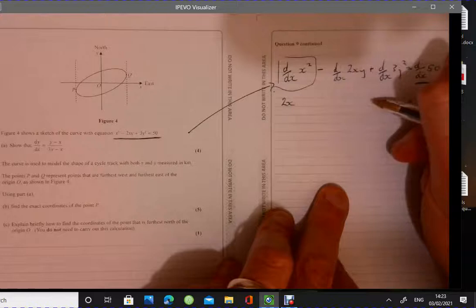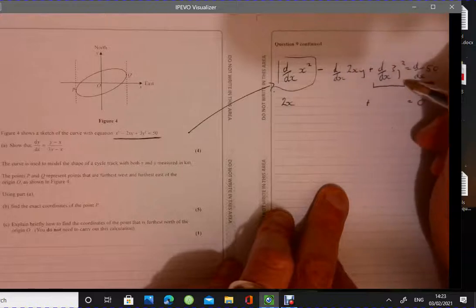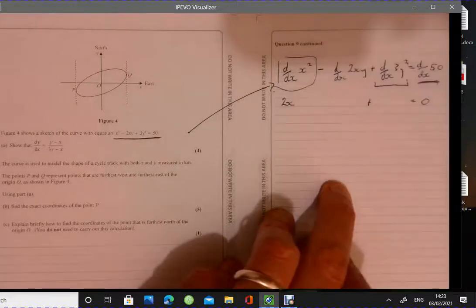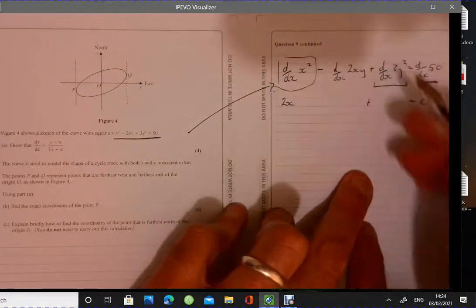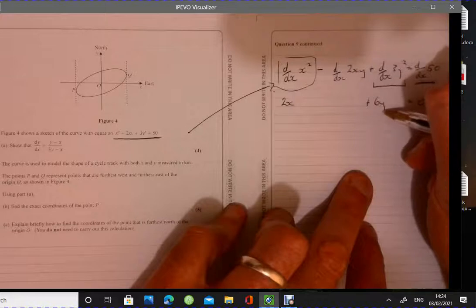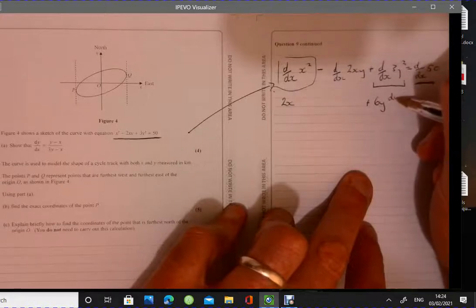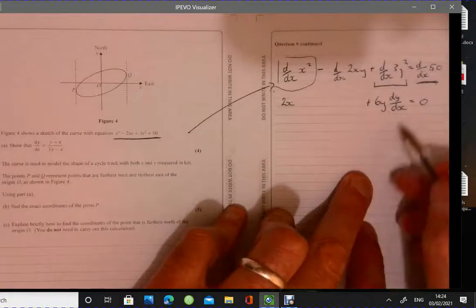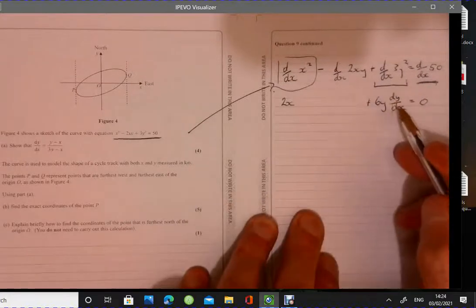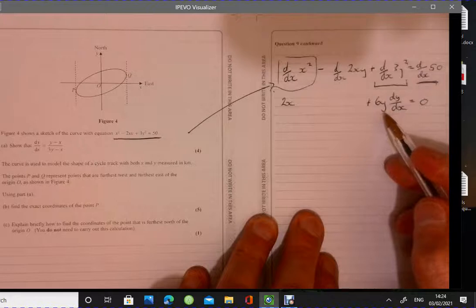Let's look at this bit next, which isn't too bad. If I differentiate this, that's going to give me 6y dy over dx. I'm not going to go too much into that, but you might need to go back and have a little look at your implicit differentiation.